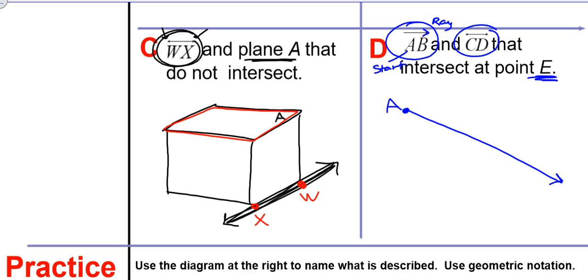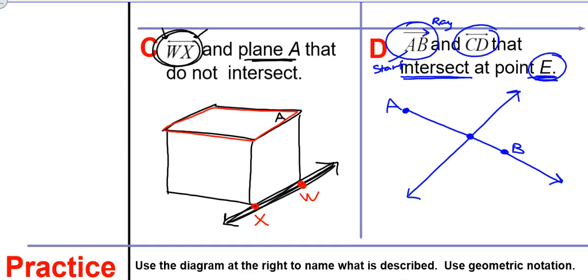That has to be A. B is somewhere on our line. And then we're going to draw a line CD, and it has to intersect. That means it has to cross the ray. And where does it cross?